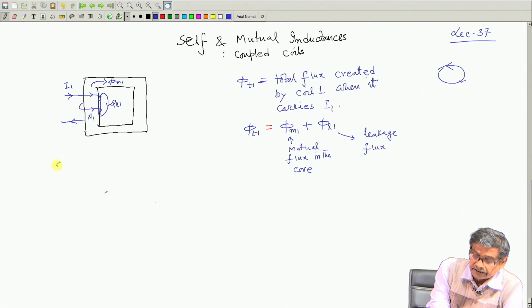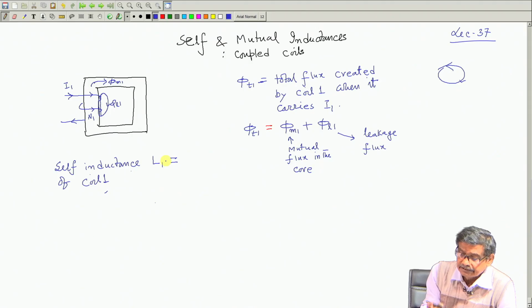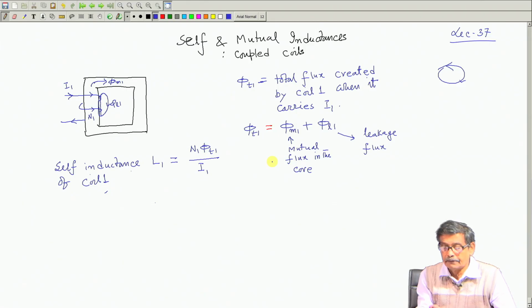By definition, self inductance of coil 1 is defined as flux linkage per unit ampere. So, that is N 1 phi T 1, the total flux linkage when you pass 1 ampere current, that is you divide by 1. This is what self inductance is all about, clear.